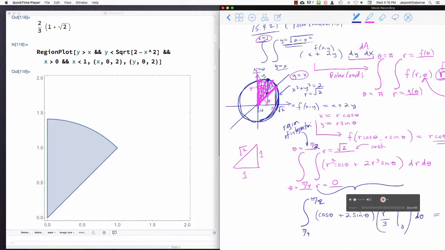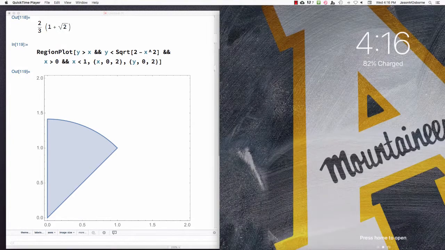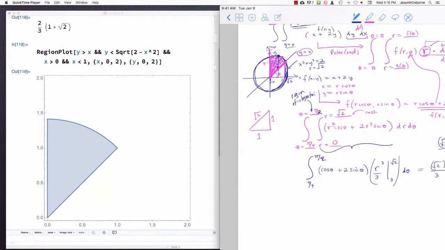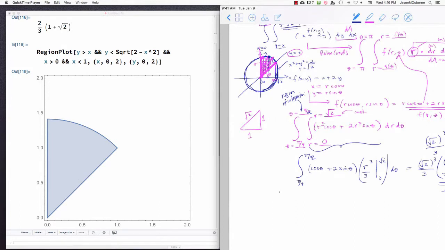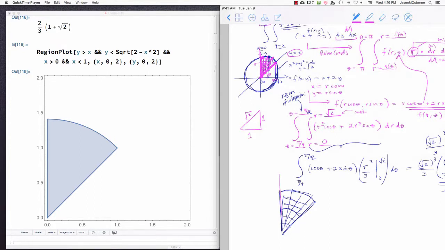And the reason you would probably find it advantageous to switch to polar coordinates in this problem is because when you're looking at this region here, this part of the circle, or this little pie piece here, okay, and here's our y-axis, here's the x-axis.